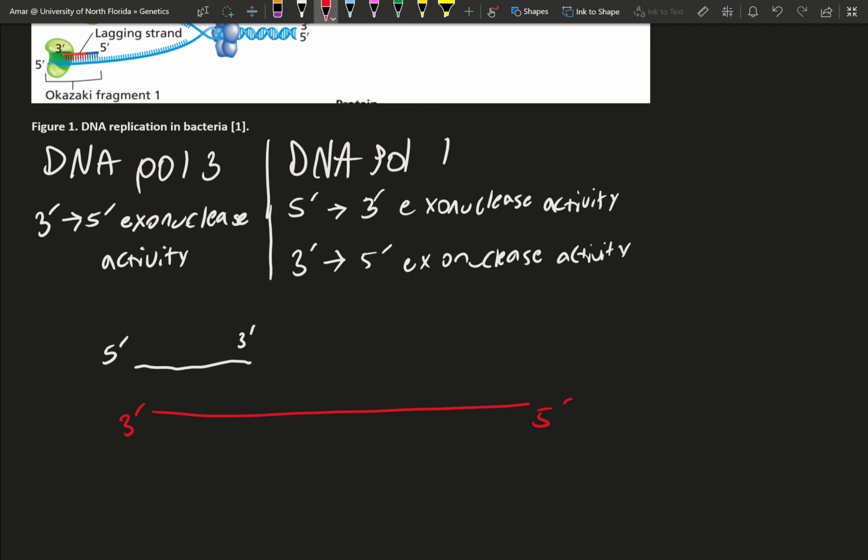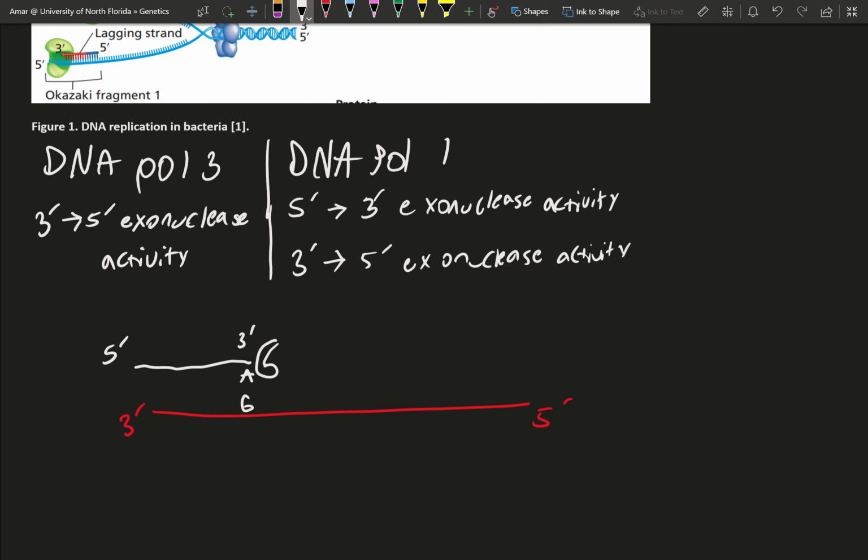Let's look at it from the perspective of DNA polymerase 3. DNA polymerase 3 would be right over here, and it will continuously add new nucleotides going from 5 to 3. Sometimes it may make a mistake, and it would accidentally add an A where you should have added a C here. Okay?